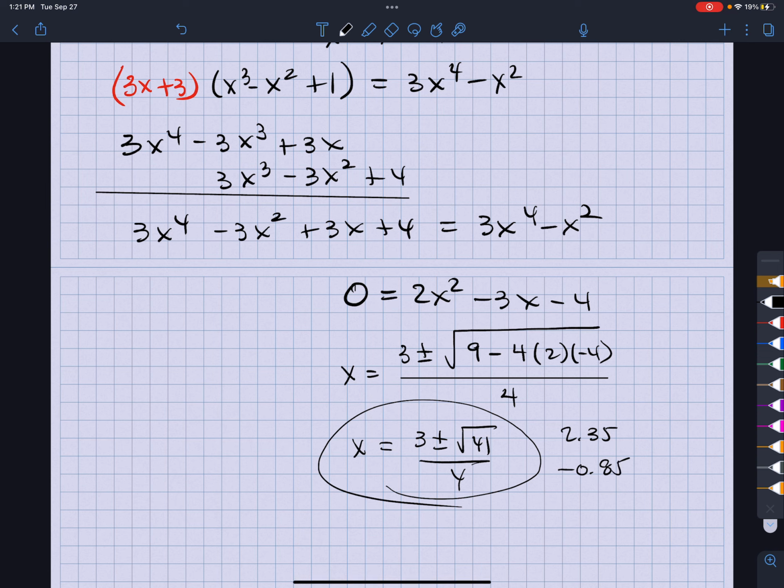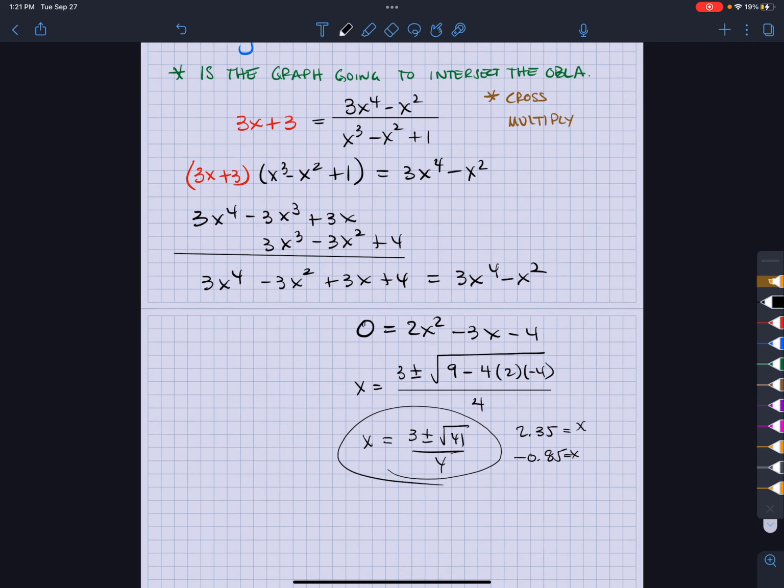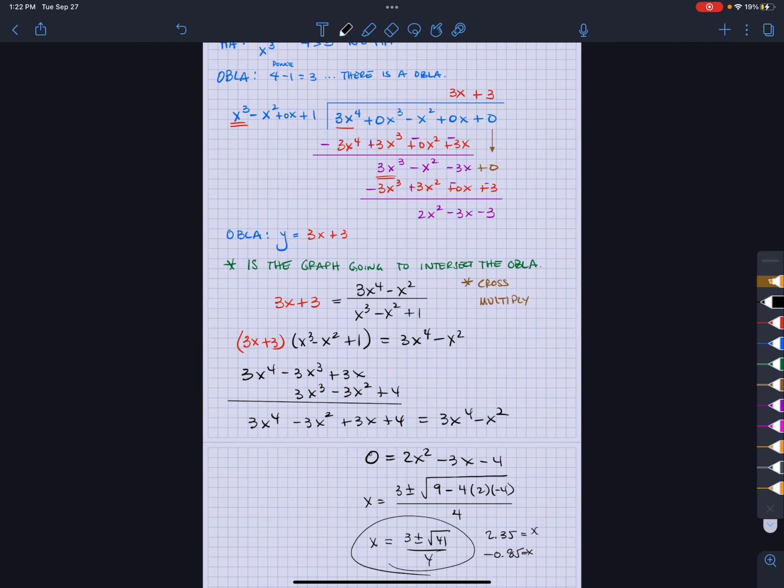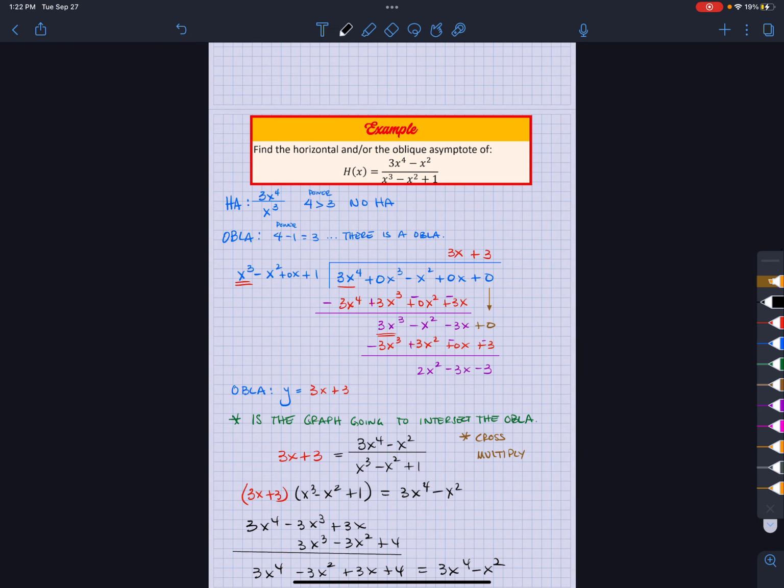So around those x values is where it will cross that oblique asymptote, right? So I can actually calculate where it is going to cross, all right? So that is the way you would go ahead and do that.